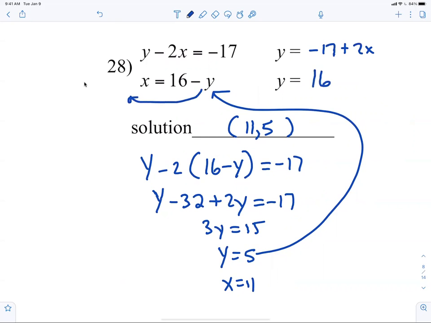So it's going to be 16 minus x. Now graph that. You should notice that I can't see the point of intersection. So I have to fix it so I can see it.